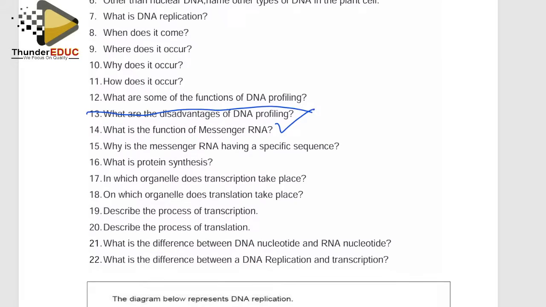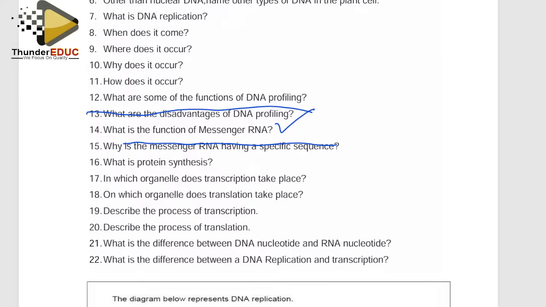The sequence has a meaning, and that meaning can be translated by the transfer RNA coming in that specific sequence with the amino acid. After the amino acids join together, they form a specific protein.